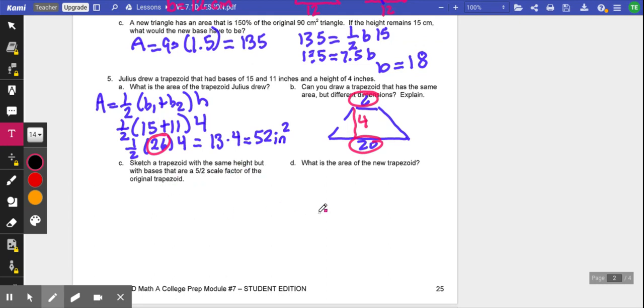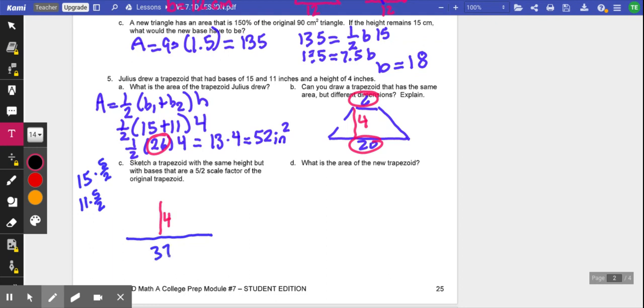Sketch a trapezoid with the same height but with bases that are a 5/2 scale factor of the original trapezoid. Okay, so I still want a height of 4. Now I have to work on my bases. My bases were 15 and 11, but I have to multiply those by 5/2. So 15 times 5/2, that's 37.5.